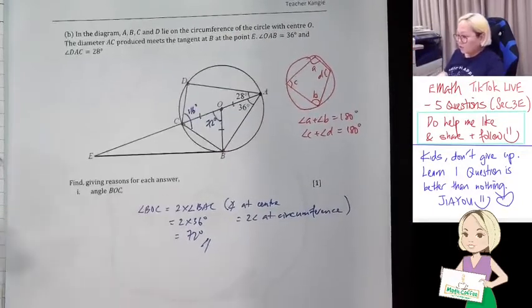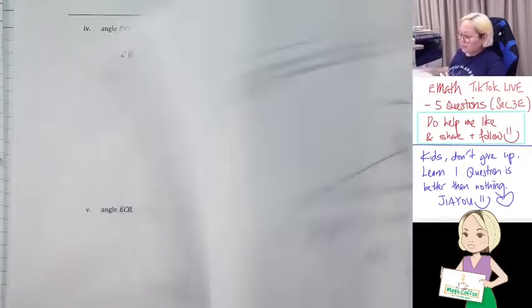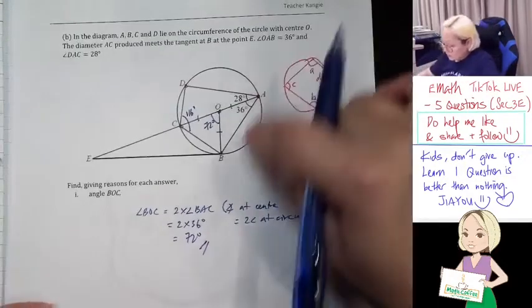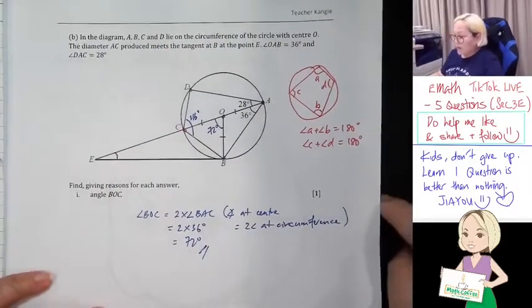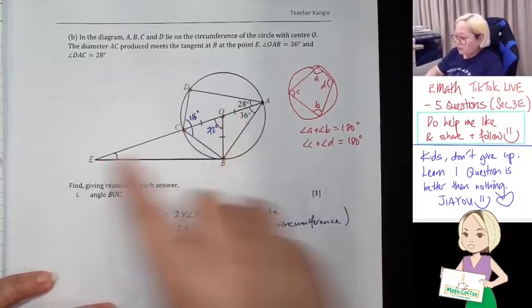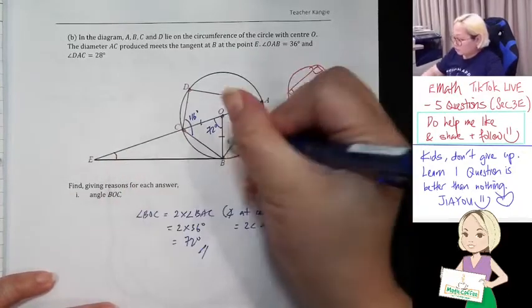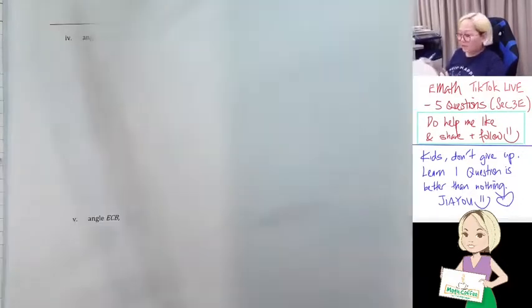Okay, let's continue. Next, they ask to find angle BEC. So angle BEC, this angle, is the angle that they want. You are going to use the property of radius perpendicular to the tangent. So this is 90 degree. Don't just put here 90. You must state the reasoning.